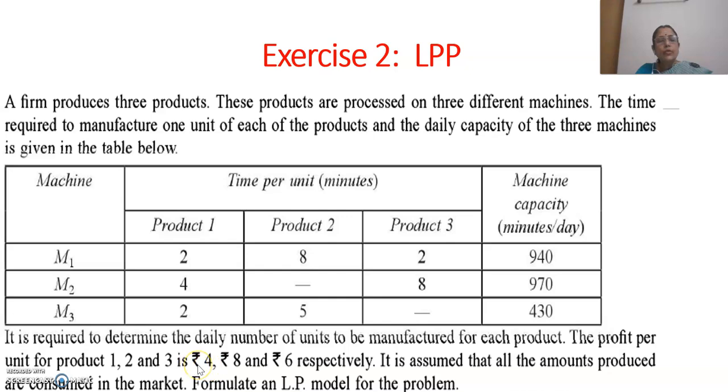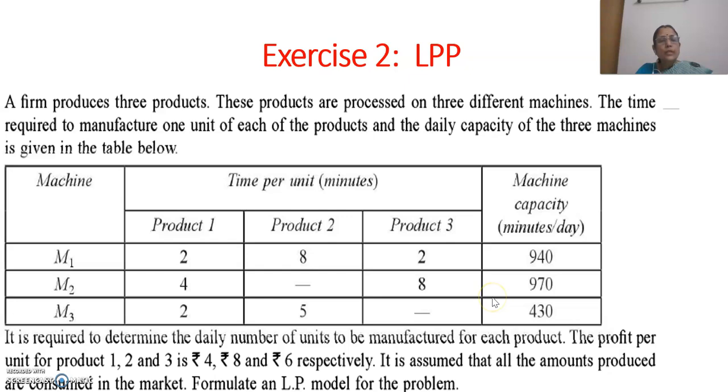Therefore, we can find the total profit with respect to x1, x2 and x3. That is going to be the objective function. With respect to constraints, we have three constraints, each with reference to the requirement of machines 1, 2 and 3 and their available capacity per day.